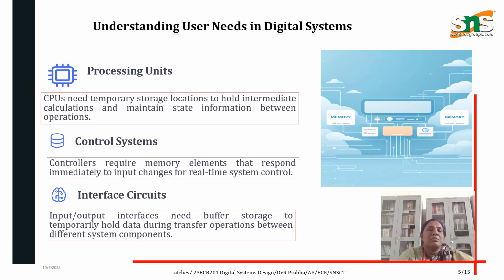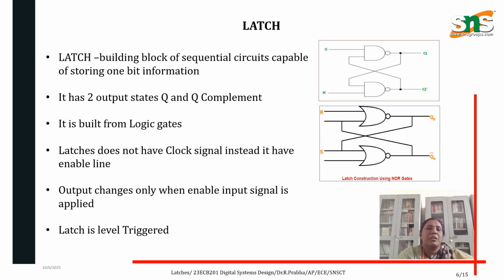And control systems require memory elements which respond immediately to input changes for real-time system control. And interface circuits need buffer storage to temporarily hold data during transfer operations between different system components. So all these systems require basically a memory unit. So here a latch satisfies that.